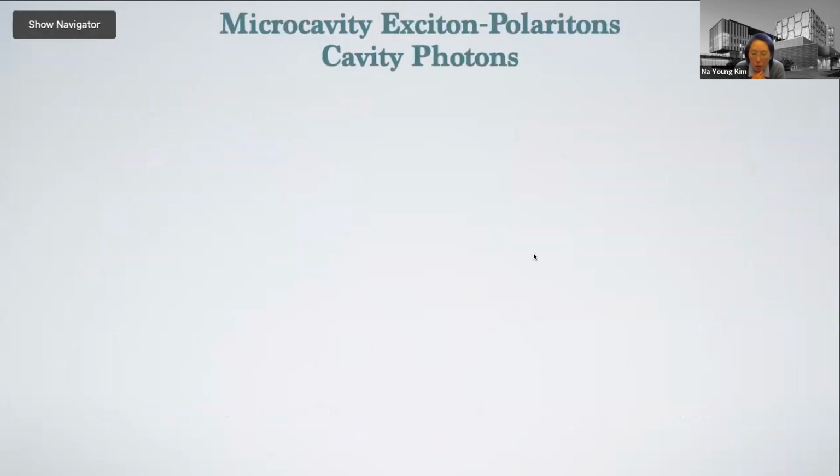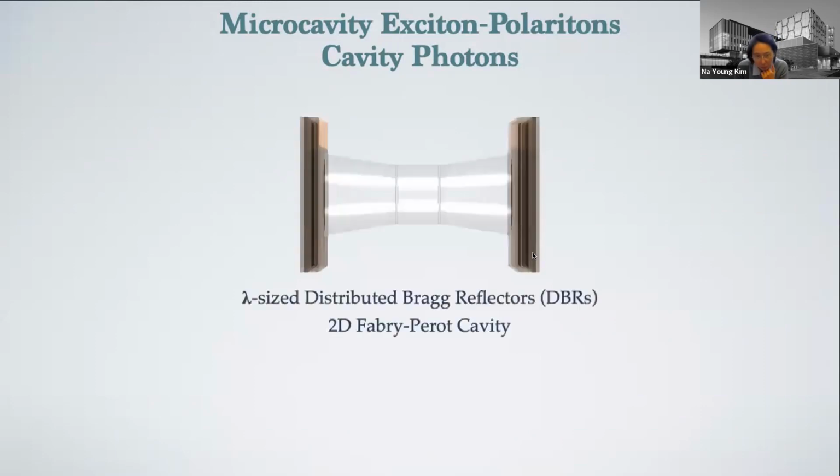Let me first introduce microcavity exciton polaritons. When you hear about polaritons, usually it refers to a generic term for a photon combined with a matter excitation. In our case, it is the quantum well. So I'm going to walk you through the individual components. First, cavity photons.